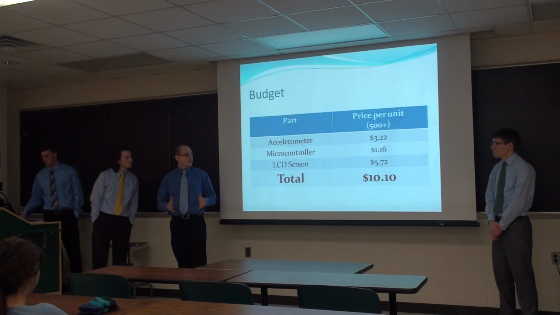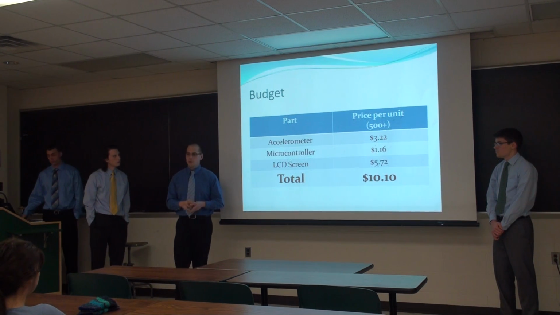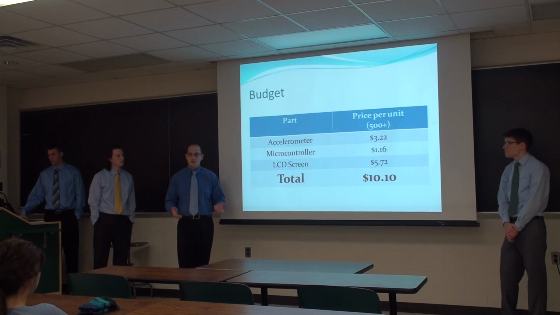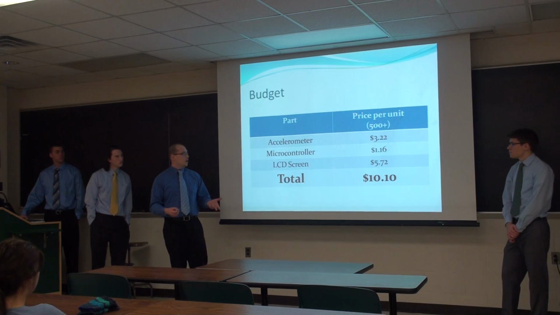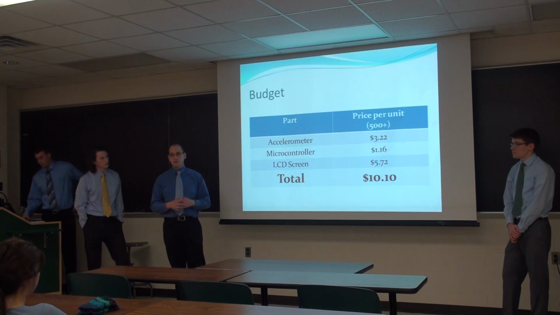For budget, like every other group, we have $500, but we decided to focus on the $10 per unit price. They want us to be $10 if we were to make 500 or more units. As you can see, we're about $10. We're breaking up into 3 main parts: the accelerometer, the microcontroller, and the LCD screen.